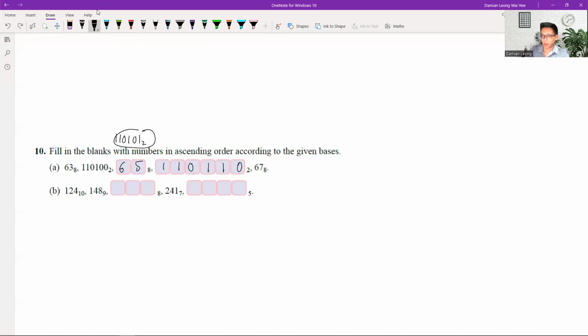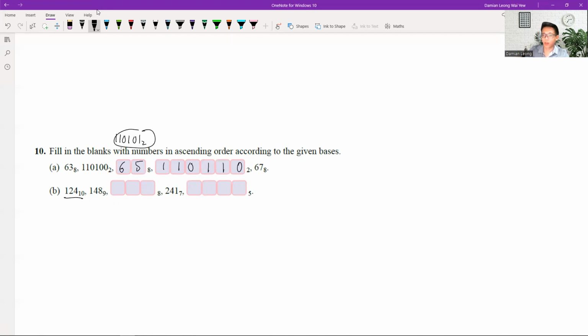Part B, now it's just like decreasing bases. Okay, but basically it should work the same way as well. Since I have base 10, after 124, it's either 125 or 126.